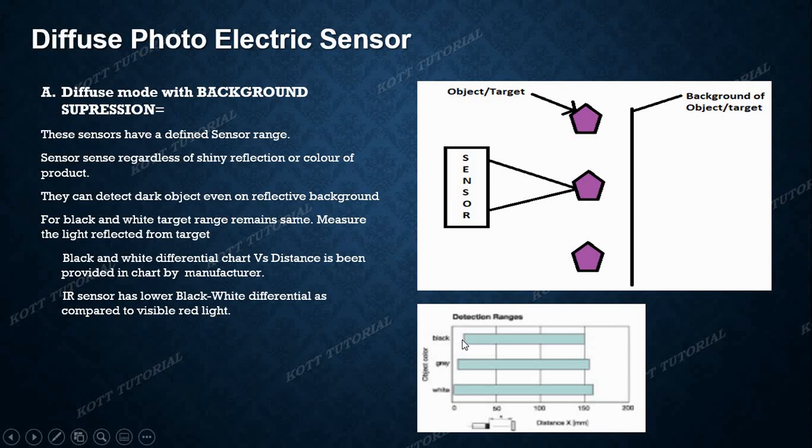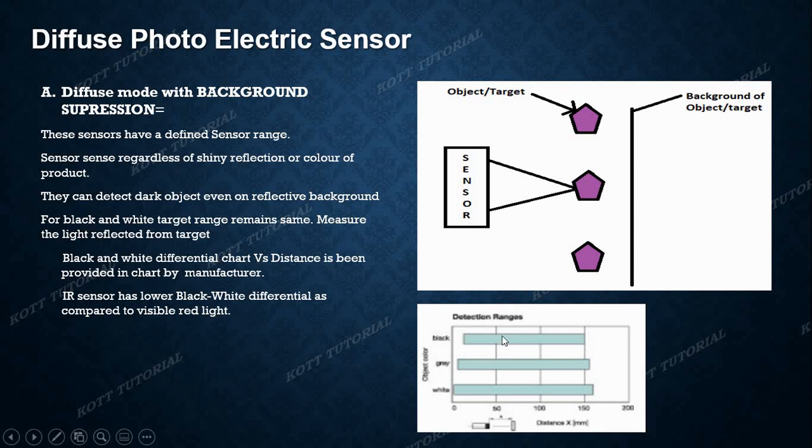The dead zones are those zones in which the sensor will not detect the product if it comes within them. For example, in this black product, our dead zone is say 5 mm, meaning any black product passing within 5 mm distance from the sensor will not be detected. So we have to always keep our product beyond the dead zone. Then only can it successfully detect the product.